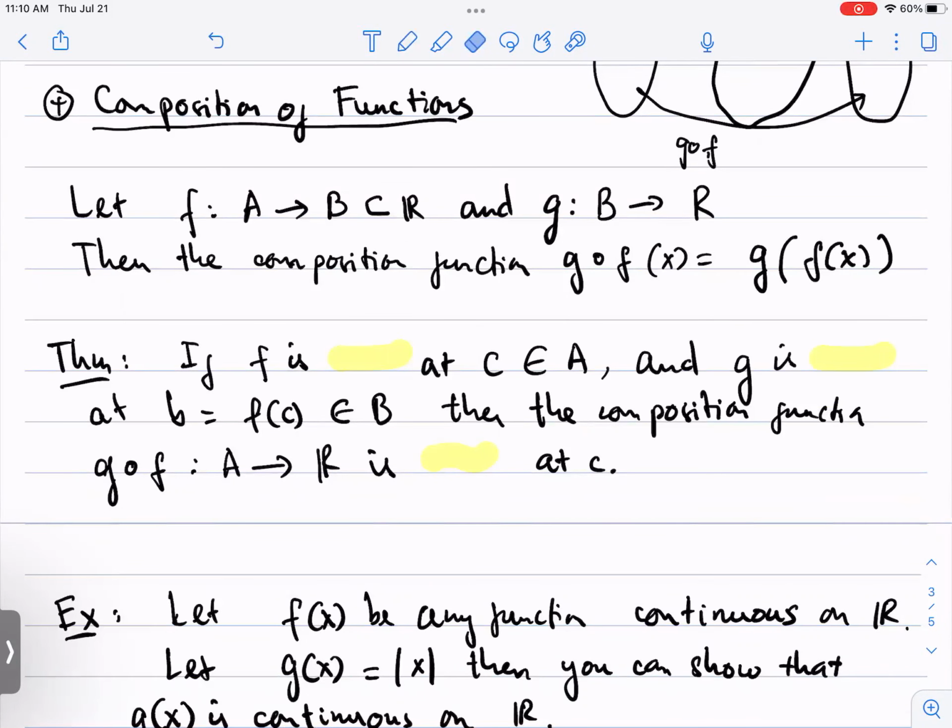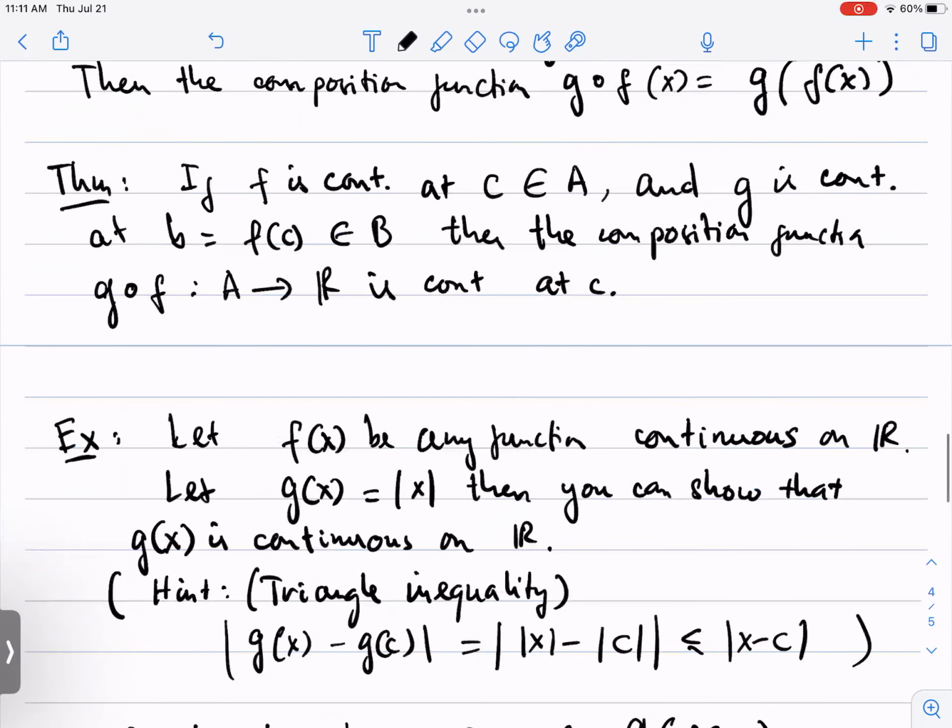Now the theorem is that if f is continuous at c and g is also continuous at the point b, which equals f(c), then the composition function g composed with f is continuous at c.